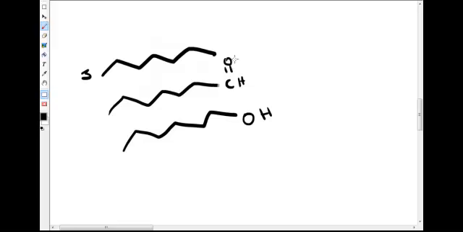However, this doesn't have H bonding, as you can see, this oxygen is directly connected to this carbon. So we will get a permanent dipole, and the moment is going to look like that, with a positive charge going this way and the negative over here at this oxygen. So this is going to be the second highest.